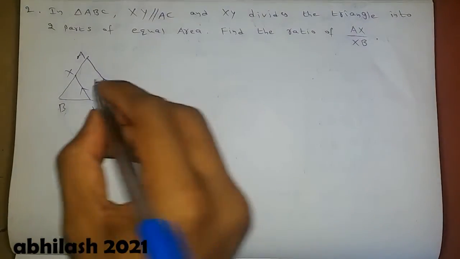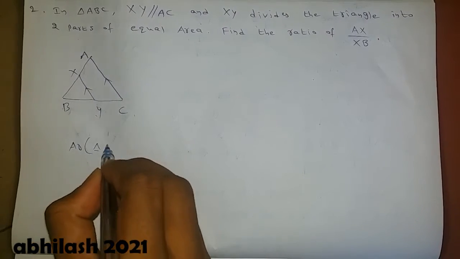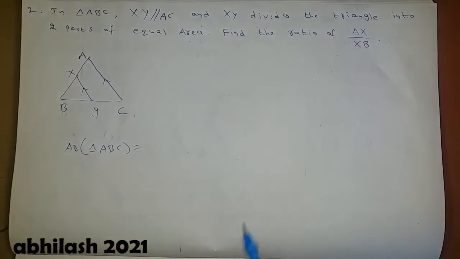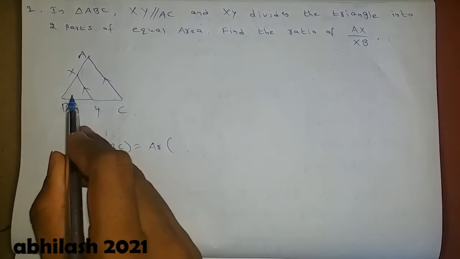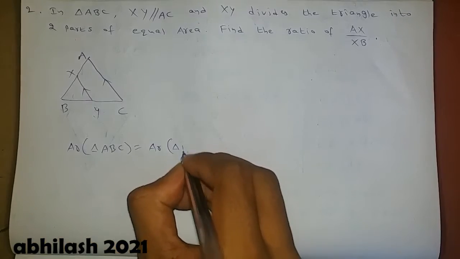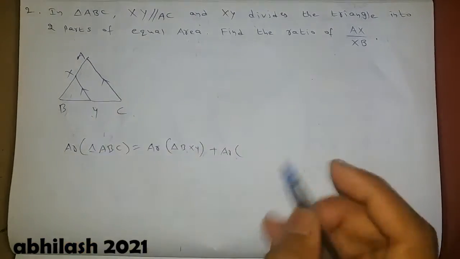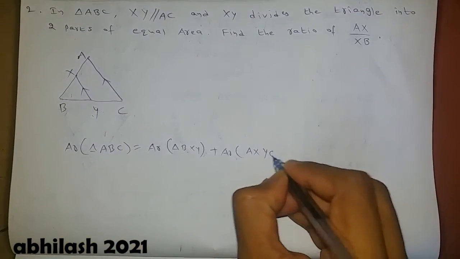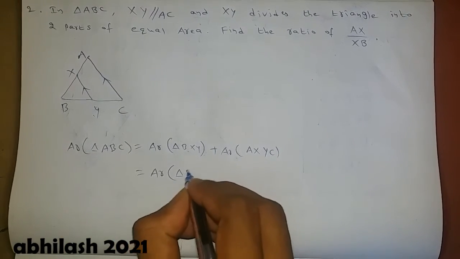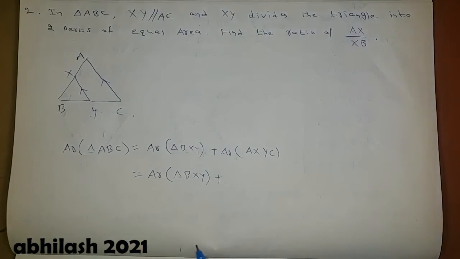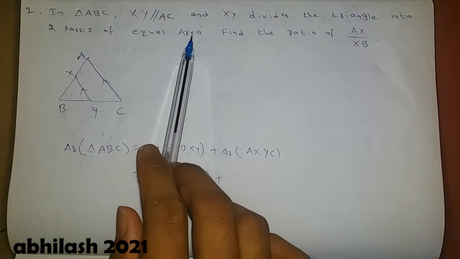It means the area of total triangle ABC is equal to the area of this triangle BXY plus the area of quadrilateral AXYC. Next, area of triangle BXY plus, he mentioned clearly two parts which are having equal area.